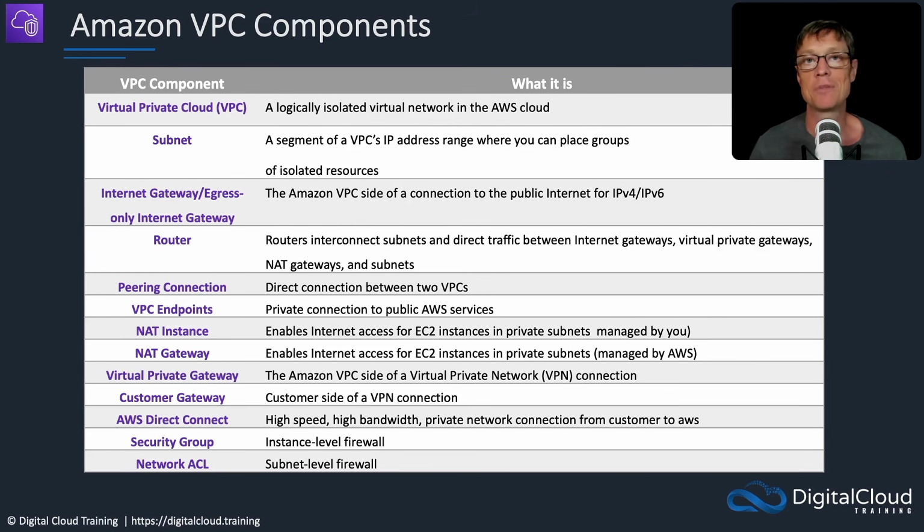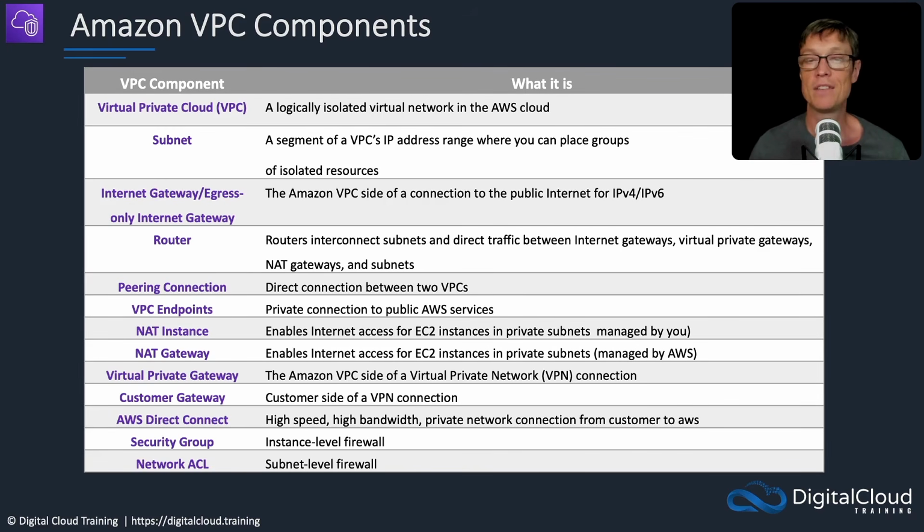As you know, the VPC router takes care of routing connections to the right places. Now, a peering connection is something where you can connect multiple VPCs and have private routing between them. We'll cover that in detail later on in the section. VPC endpoints allow you to connect using private IP addresses to public services on AWS. Again, we'll cover that in detail later on.